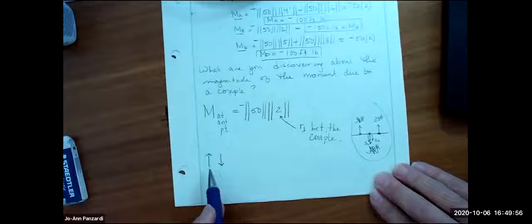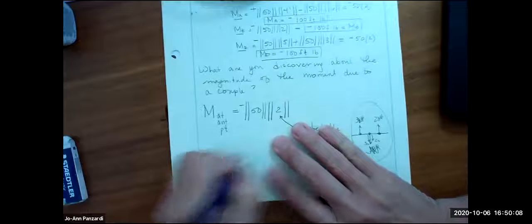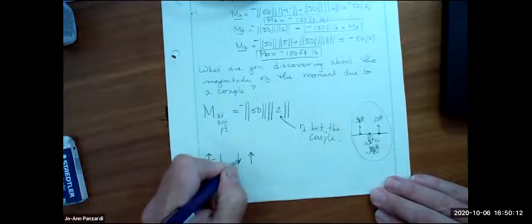A negative moment. How about if I have the couple where the left force goes down and the right force goes up? Positive, right? But we need to know what the axes are.